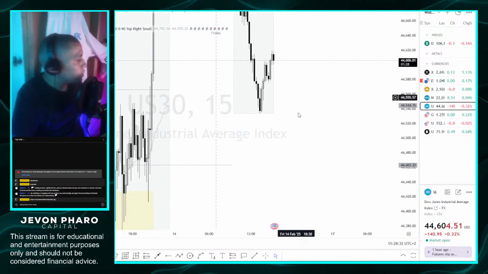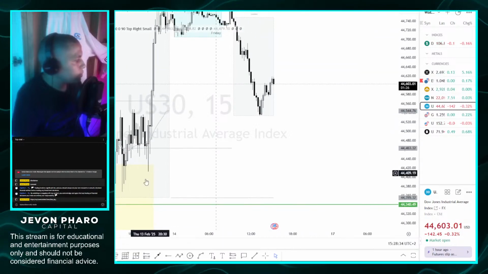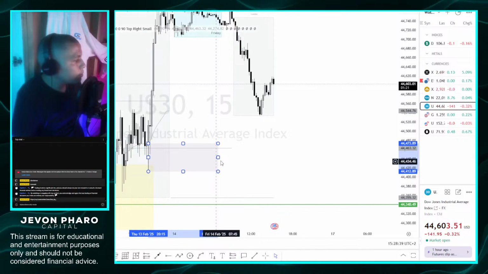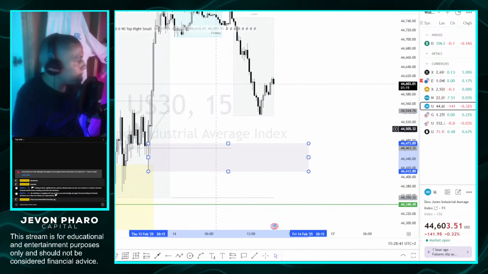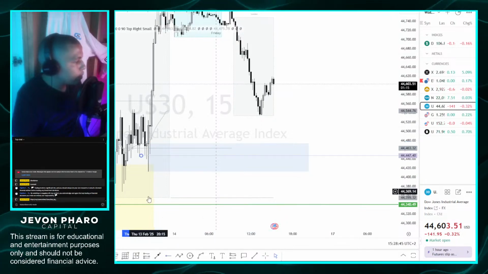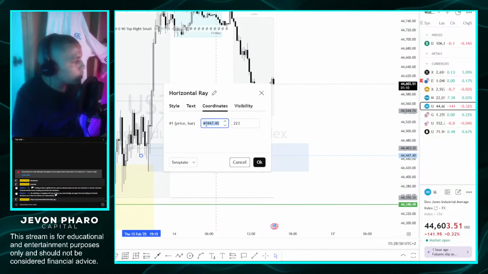Beautiful reaction over there. This is very clean though on US30. Only thing is the weekly structure box is right over here, so it's so close to the zone.